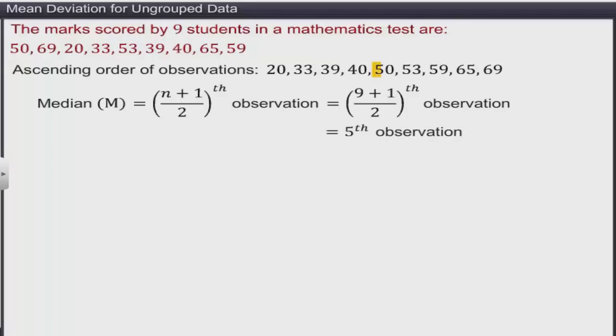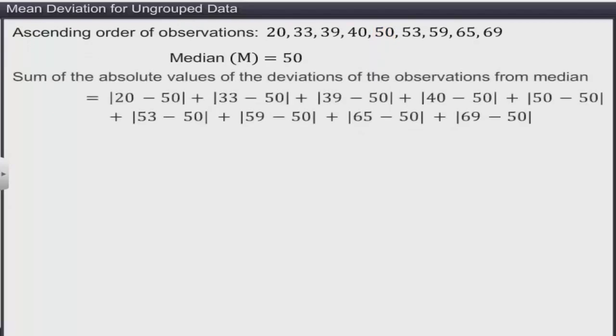Next, we'll find the sum of the absolute values of the deviations of all the observations from the median. This is equal to 114.